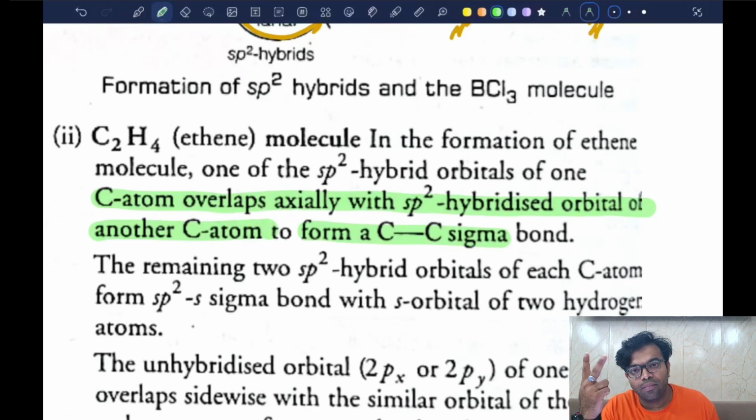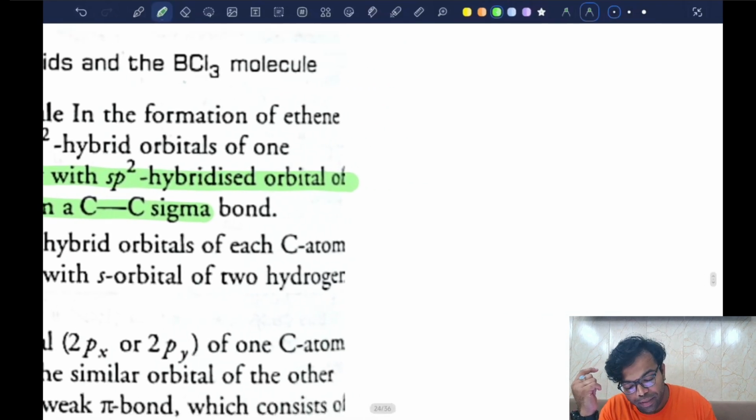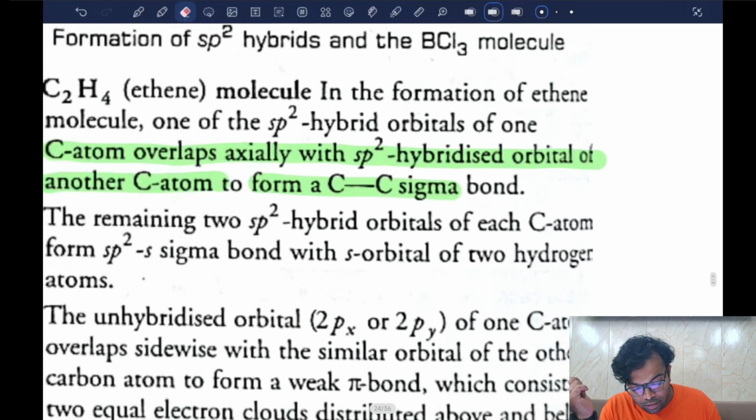Two of them, one from each carbon atom, are being used to form the sigma bond between carbon and carbon. Okay, carbon-carbon sigma bond is being formed like this. And then the rest of the four sp2 orbitals of the two carbon atoms are going to form a sigma bond with the remaining hydrogens.